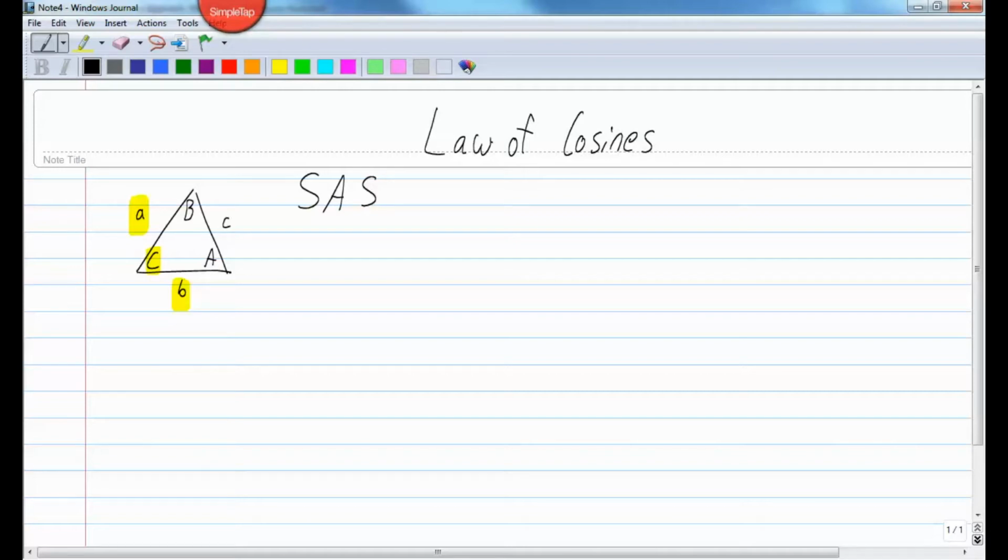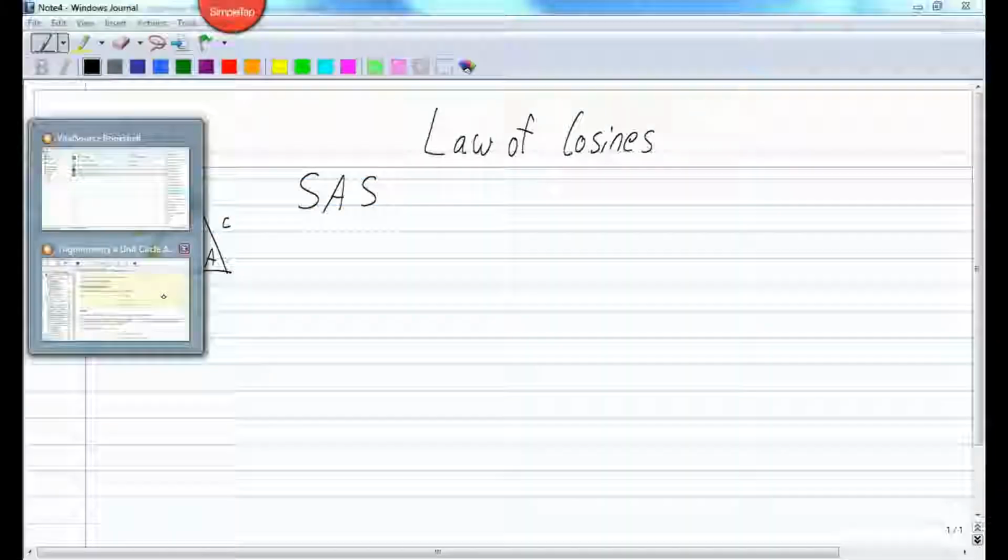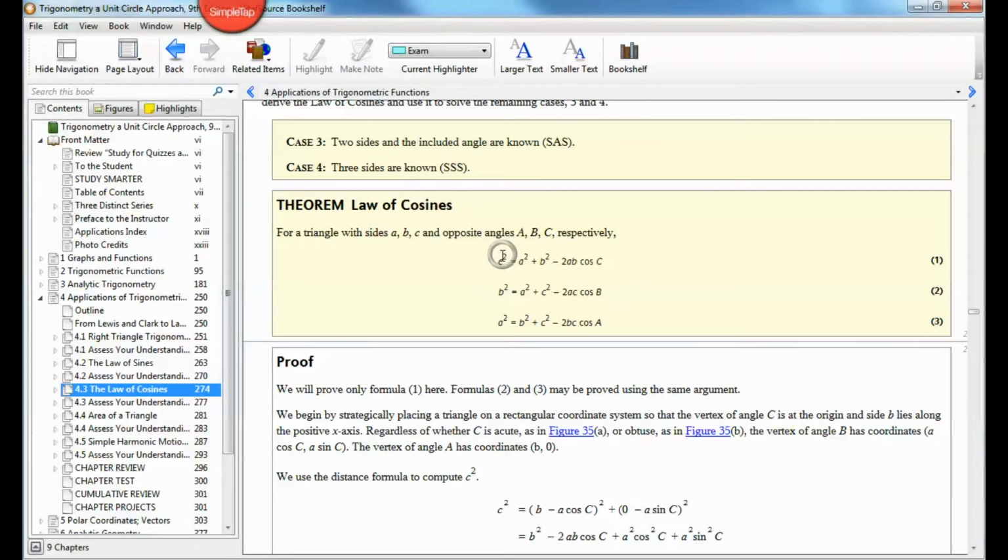So in a problem like this, where you have side A, side B, and angle C, we would want to first solve for side C. And so if you want to use the formula, that's C squared equals.